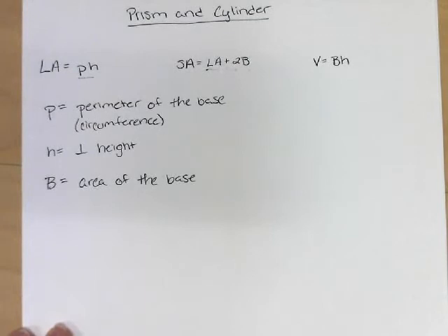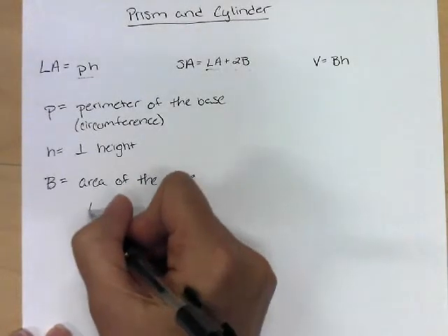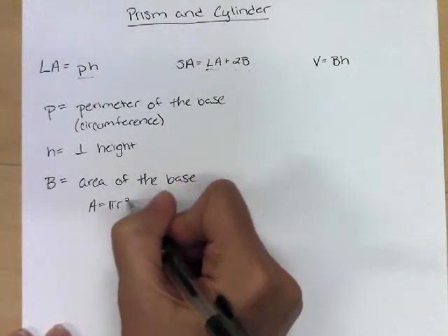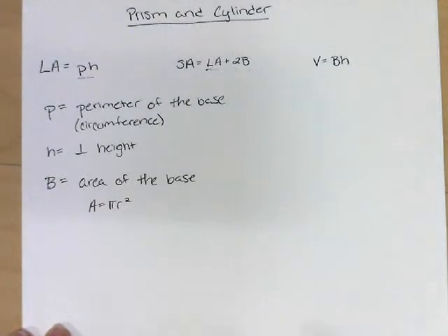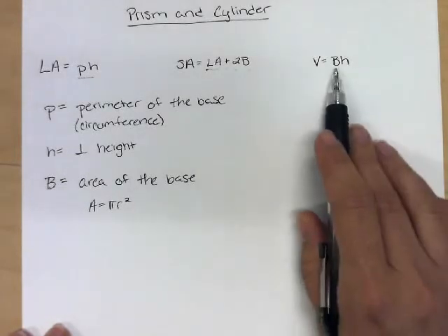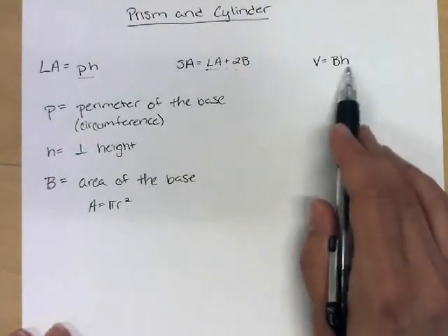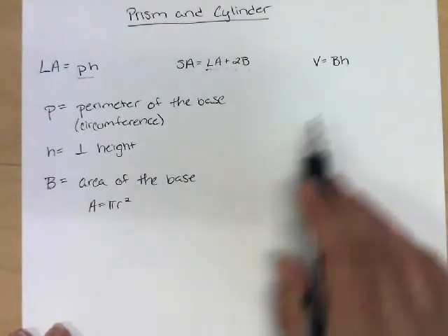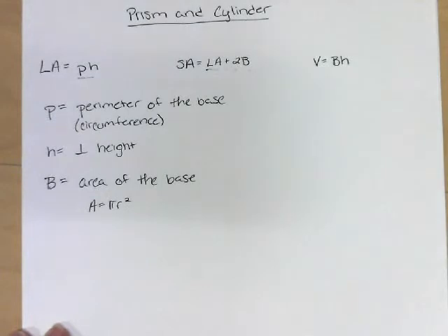Sometimes you'll just be given the area. Sometimes you have to use, for a circle, pi r squared. Sometimes if it's a rectangle or a square, you know formulas for that: side squared or base times height. And then you see that same B comes up again for the volume, the area of the base multiplied by that perpendicular height. So let's take a look at a couple examples.